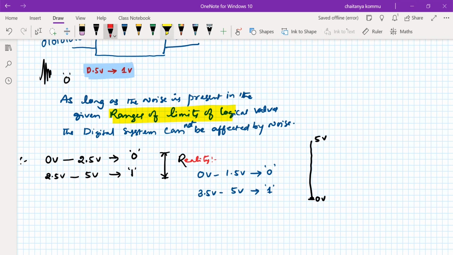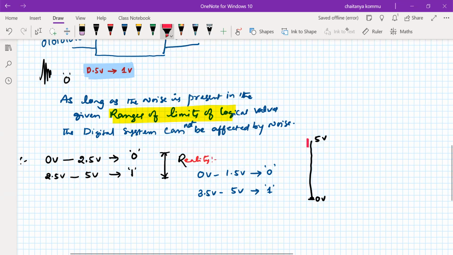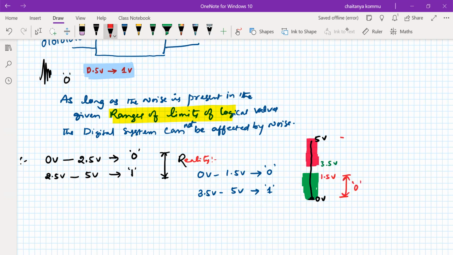From this point to this point is 3.5 volts, and this range is 1.5 volts. Only this region we call logic 0, and this region we call logic 1. In between, there is an ambiguity.